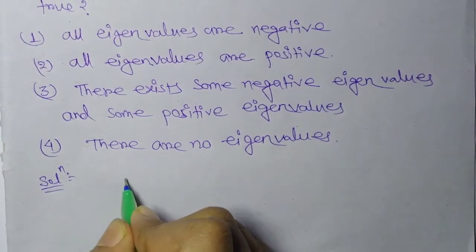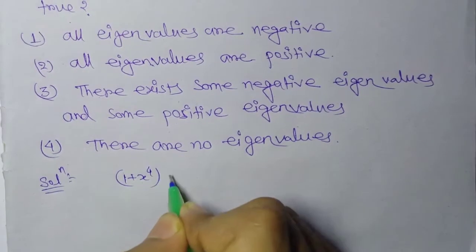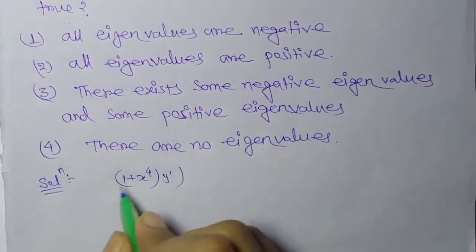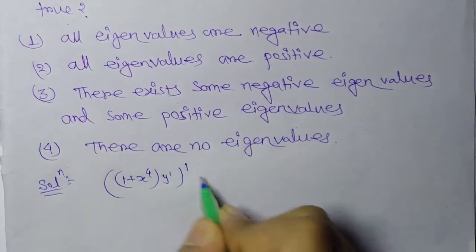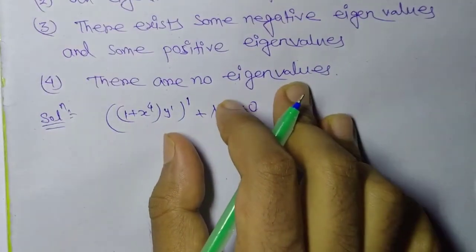The given differential equation is ((1 + x^4) y')' + λy = 0.